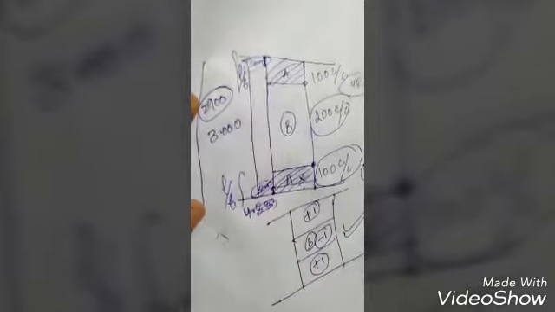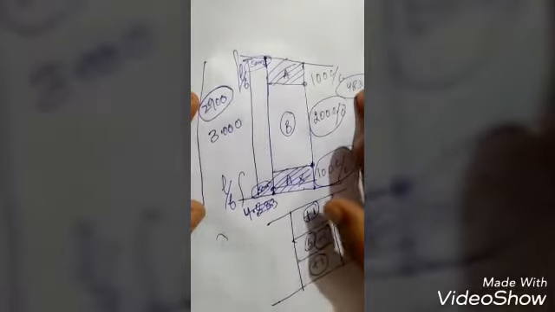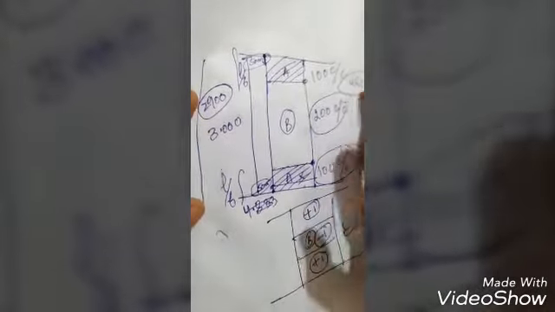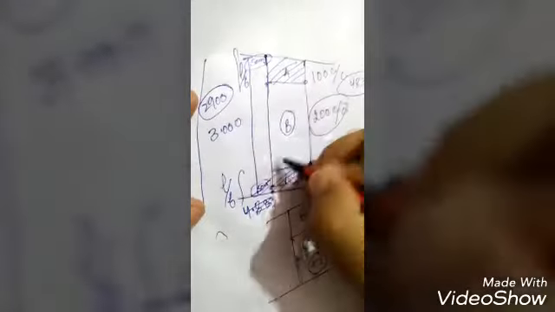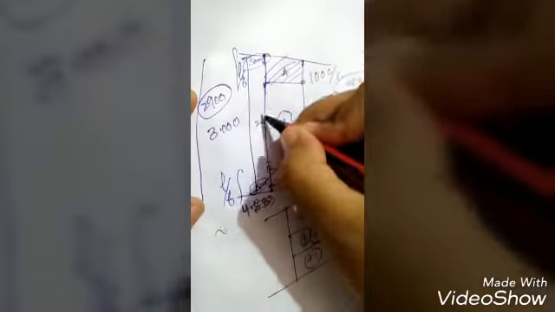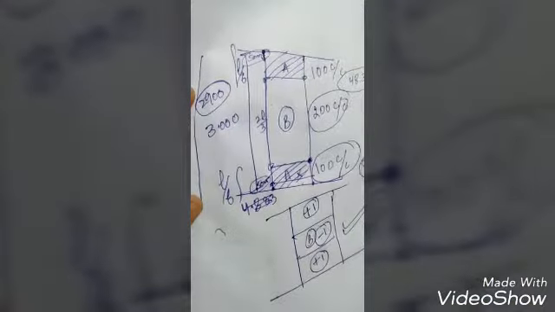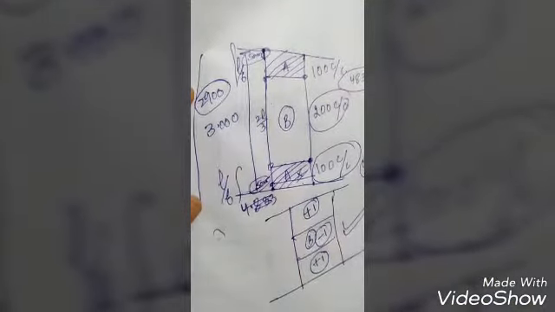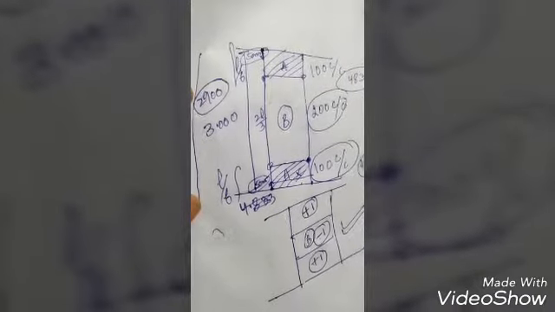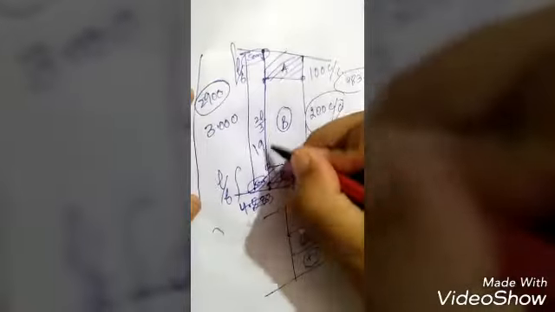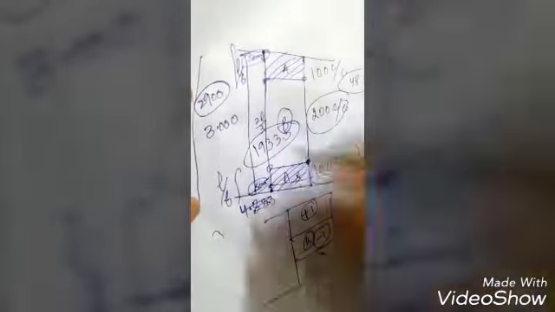Now, what about this length? This length will be 2L by 3, I mean 2 into 2900 divided by 3, this will be 1933.3.